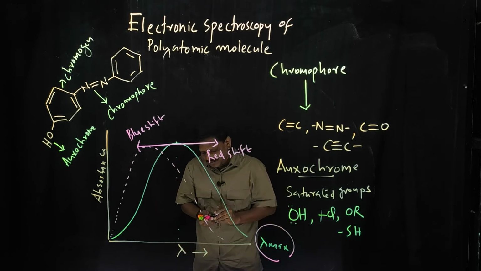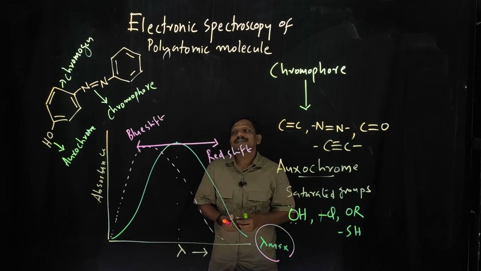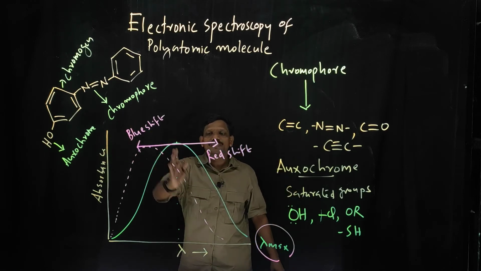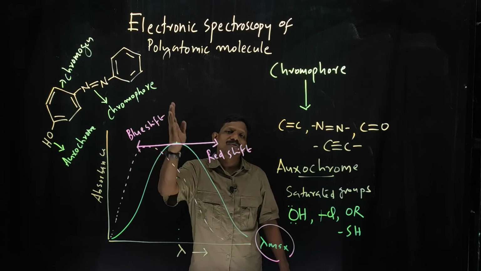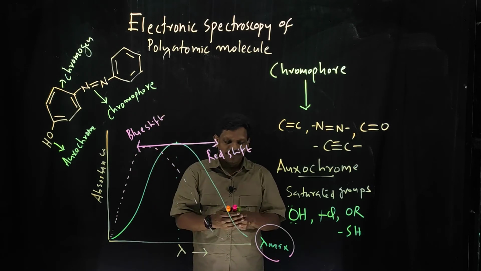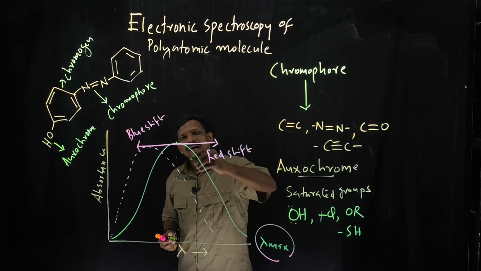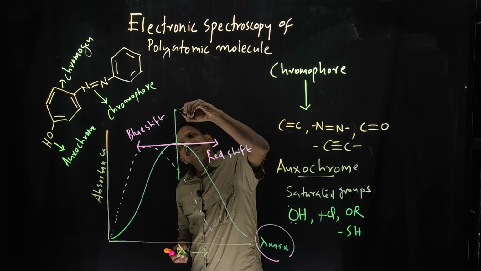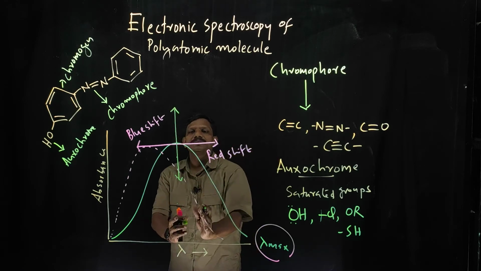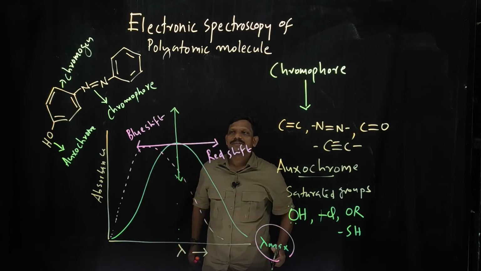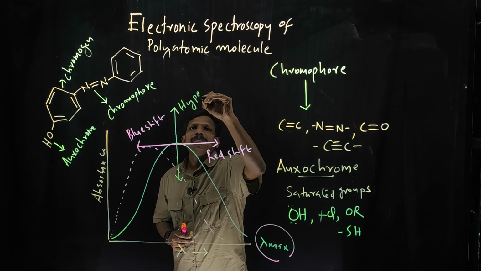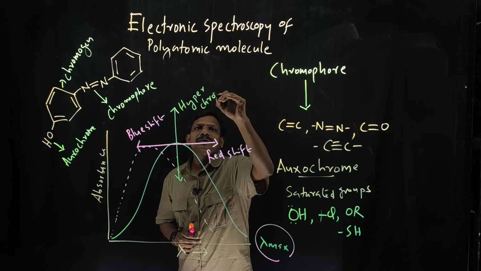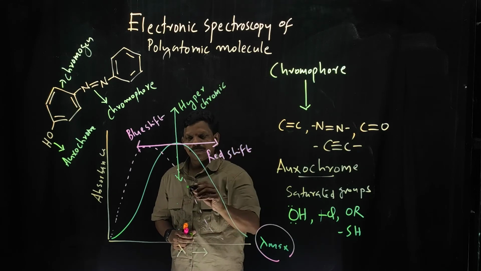Also, one more important thing: these things can influence the absorbance, that means the intensity of the lines. If the intensity of the absorbance curve is high, you can call it the hyperchromic effect.